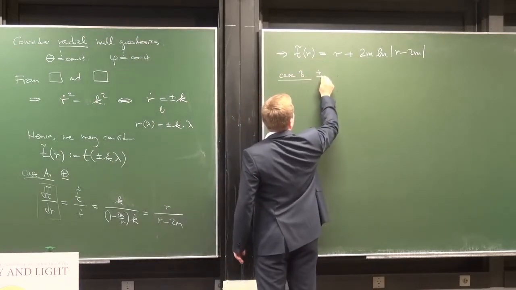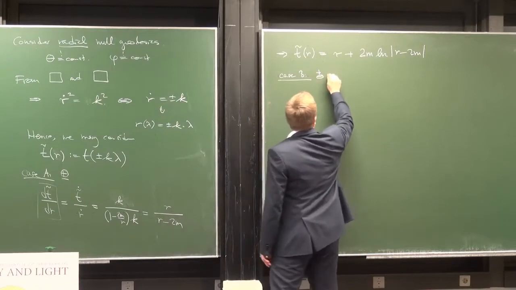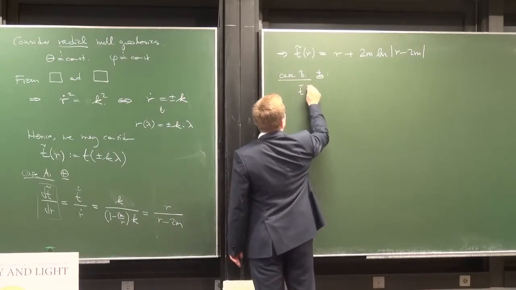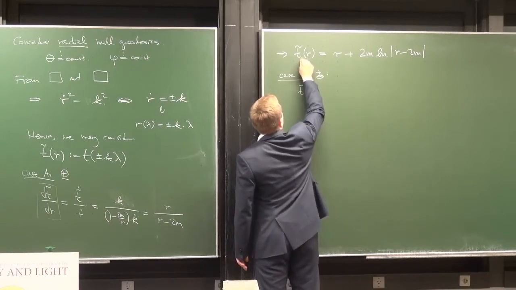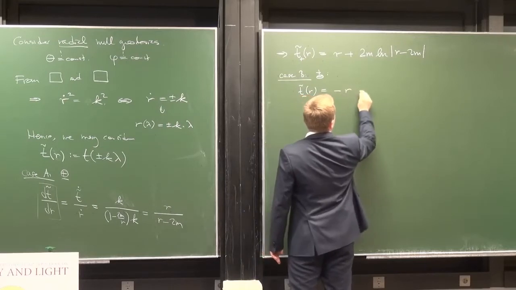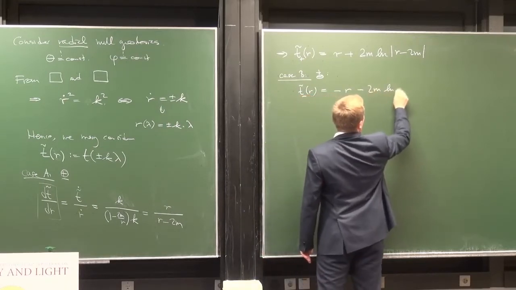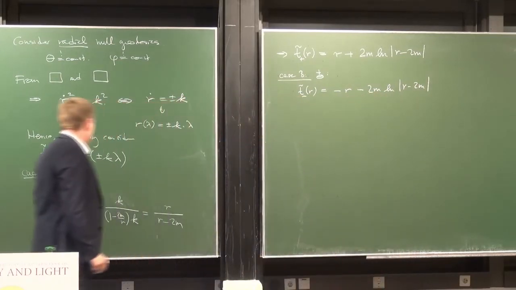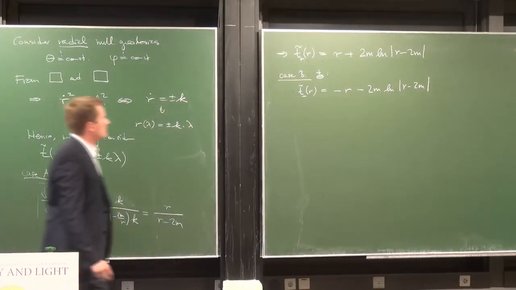Case B is if we choose the minus sign here, and we follow a similar route, and we get to t twiddle of r, so maybe we call this t plus and this t minus. t twiddle of r is then minus r minus 2m ln of r minus 2m. And I calculate, yes, so we have the derivative here.